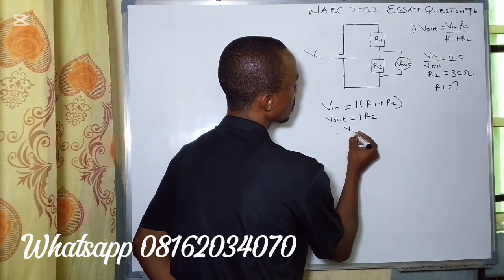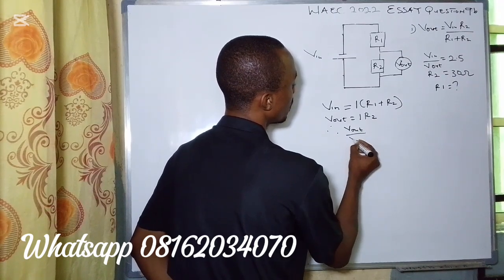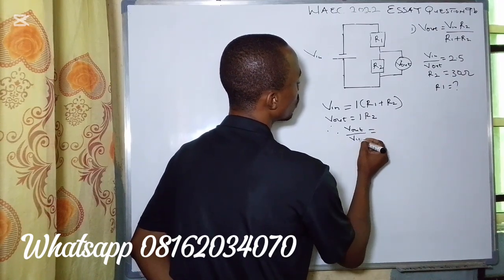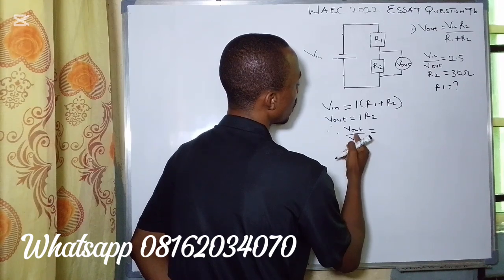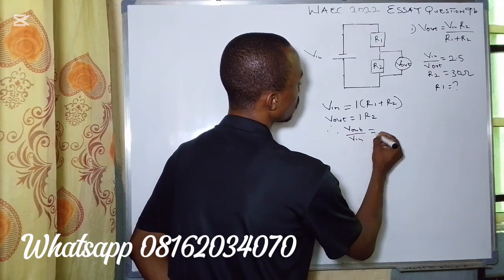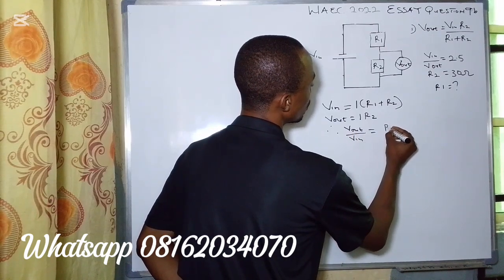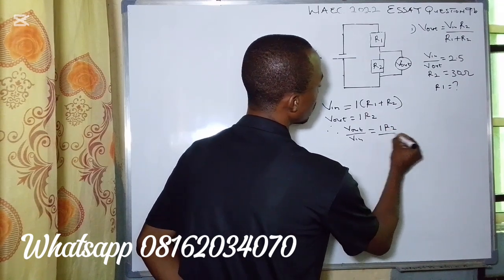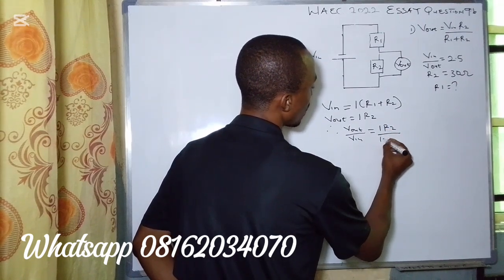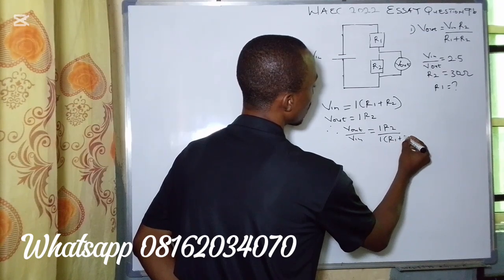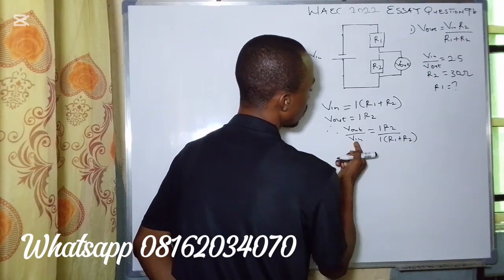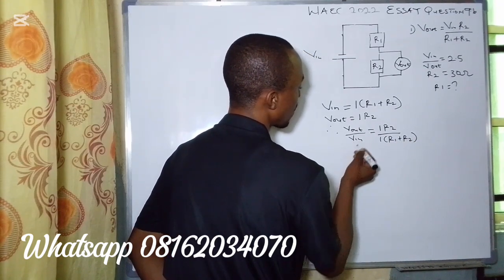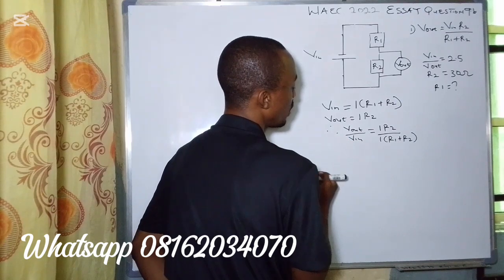V out over V in will be equal to I R2, where I stands for the current, over I in bracket R1 plus R2. So I can take this to the other side by multiplying by V in.